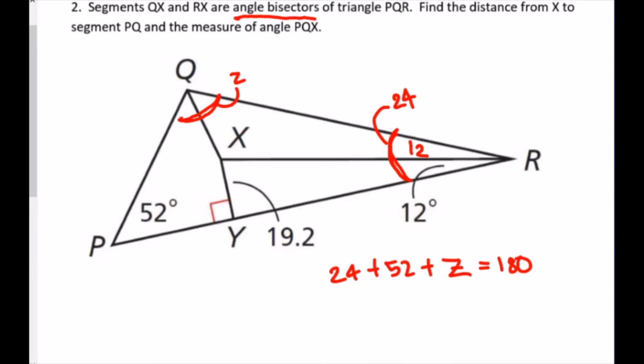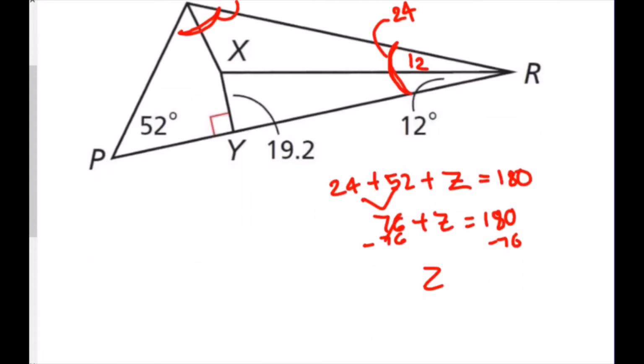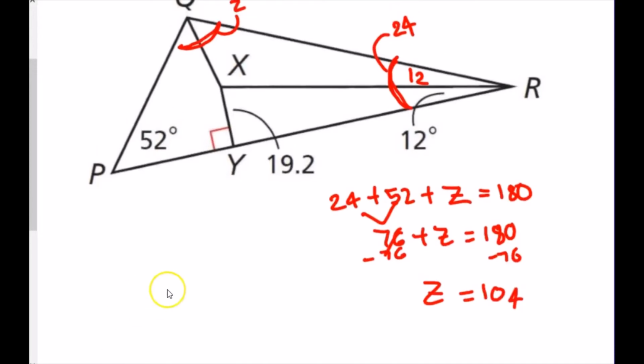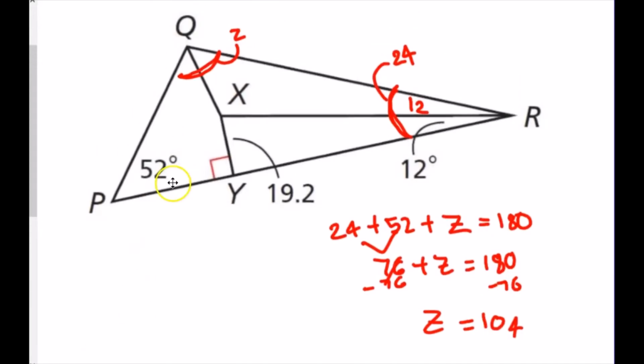We'll combine like terms. So 76 plus Z equals 180. And then we get rid of our 76, and we get Z equals 104. So Z equals 104, we can write that up here.